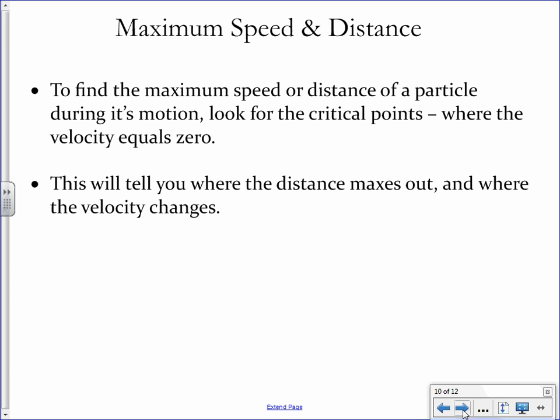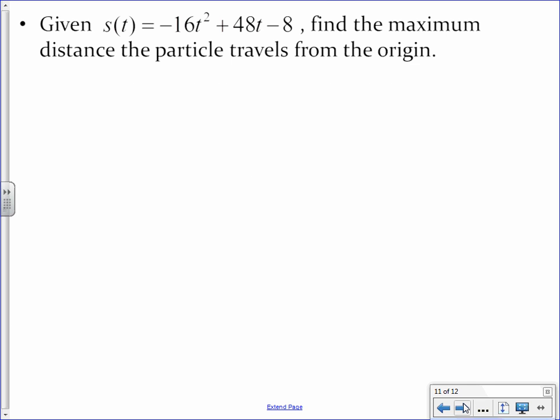And then that will tell us where we've maxed out, as far as we can compare our minimums and maximums together, our critical points in position, to figure out where we are the furthest from the origin, okay? So let's talk about that. Okay. I want the maximum distance from the origin here.